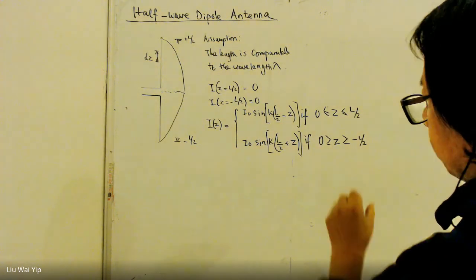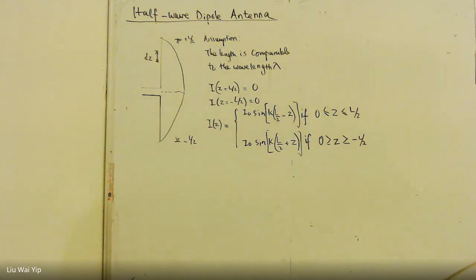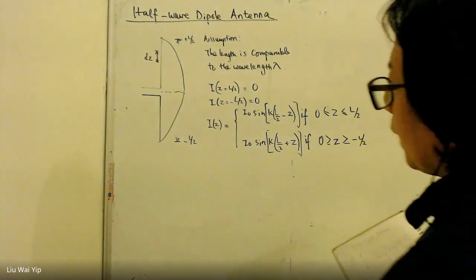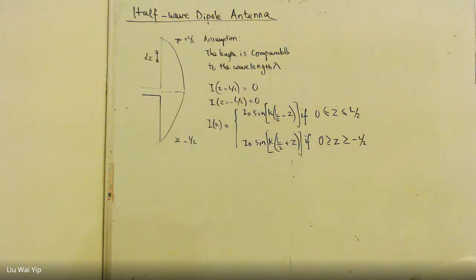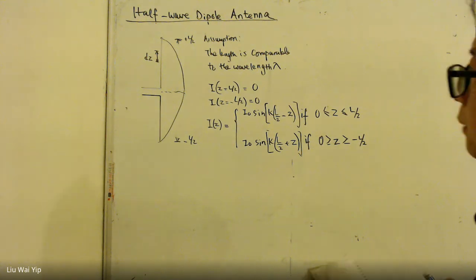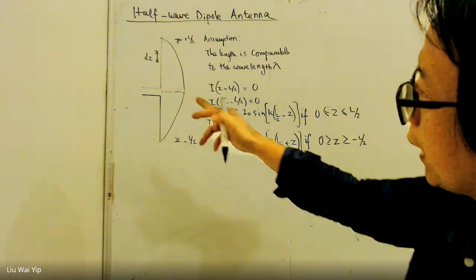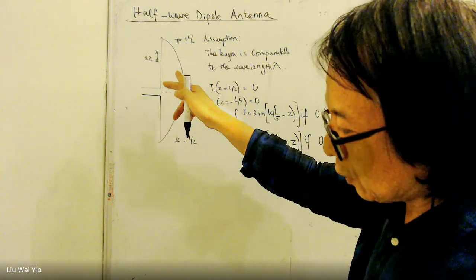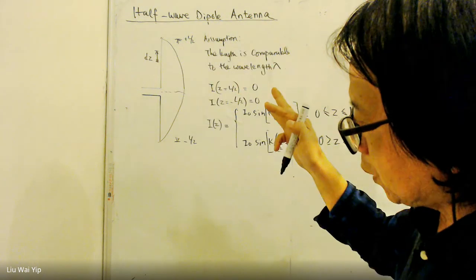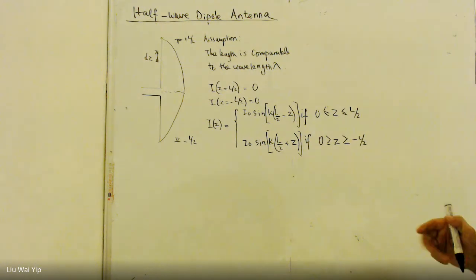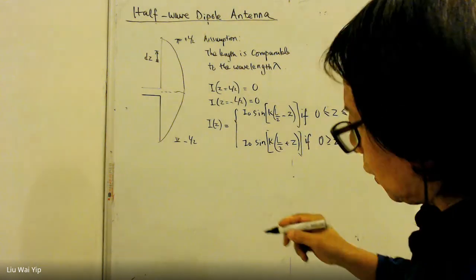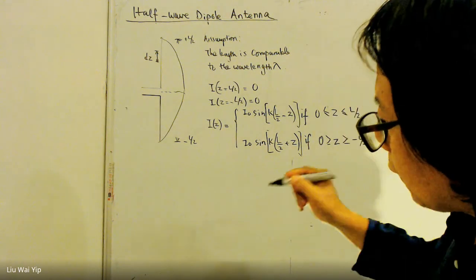Based on this distribution, we will be able to work out the radiation pattern of the whole antenna. In the previous chapter, we know that in order to find the radiation pattern of the Hertzian dipole antenna, we need to use the method called magnetic vector potential.